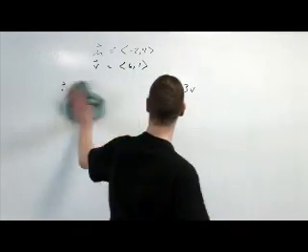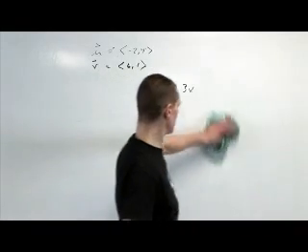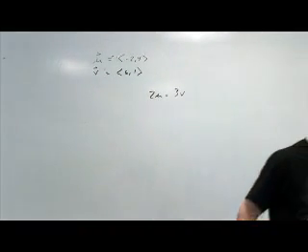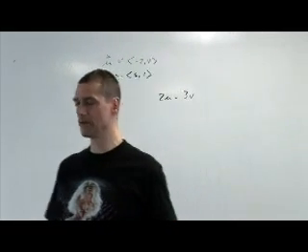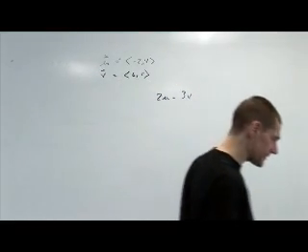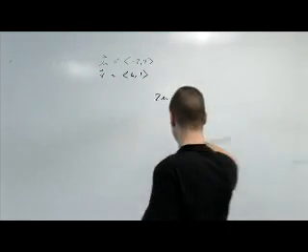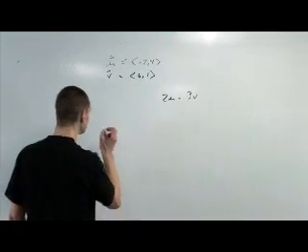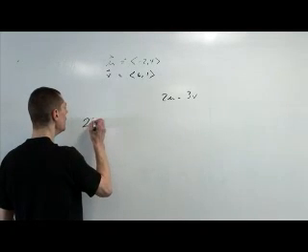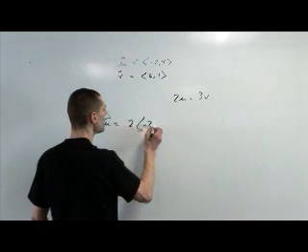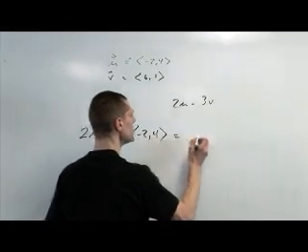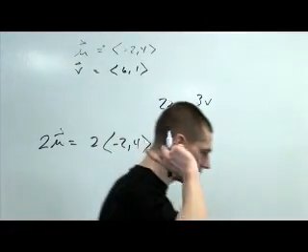Okay, so let's do this last one carefully. It's not really any harder, but we'll be methodical. 2u minus 3v. 2u is going to be 2 times -2, 4. Remember, 2 is a scalar.